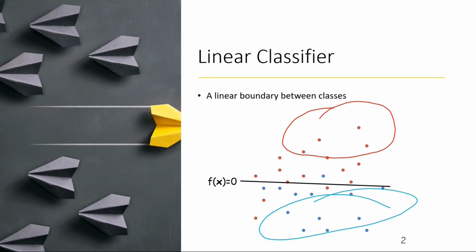Okay. So these points are intermixed. You need to draw a linear classifier which separates both the classes with as much accuracy as possible. That is the main aim of a linear classifier.